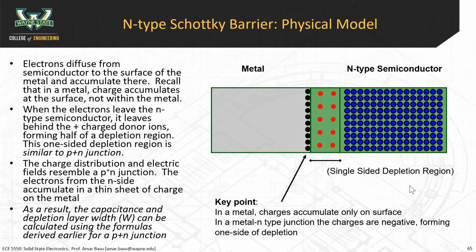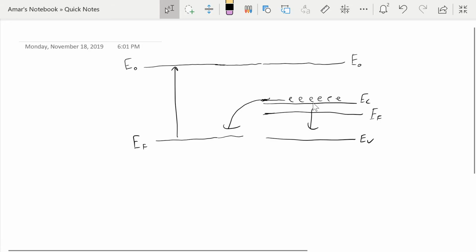All right, so here's a physical model of the Schottky barrier. Imagine that you have a metal here, and then you have this N-type semiconductor on this side. So what happens is that, as I mentioned before, the electrons diffuse to the surface of the metal and accumulate there. Remember, when you put the two materials together, the electrons in the semiconductor actually have higher energy than the electrons in the metal, so they move over to lower energy states here.